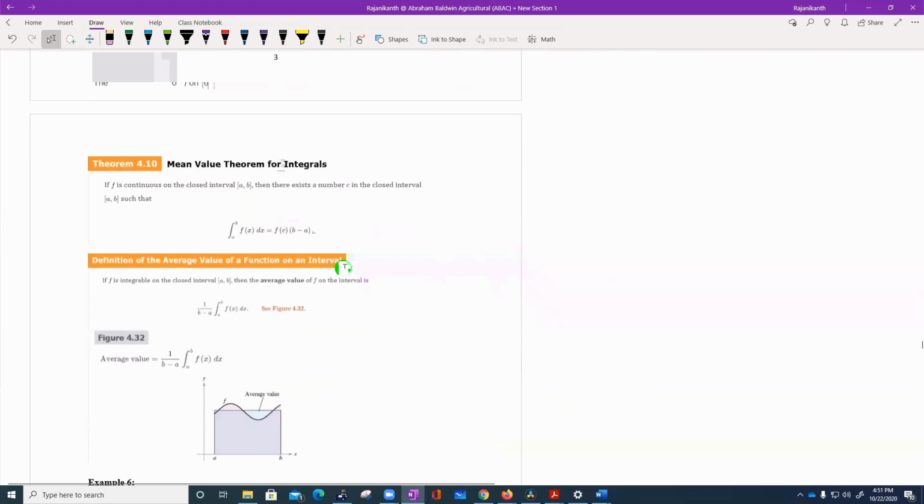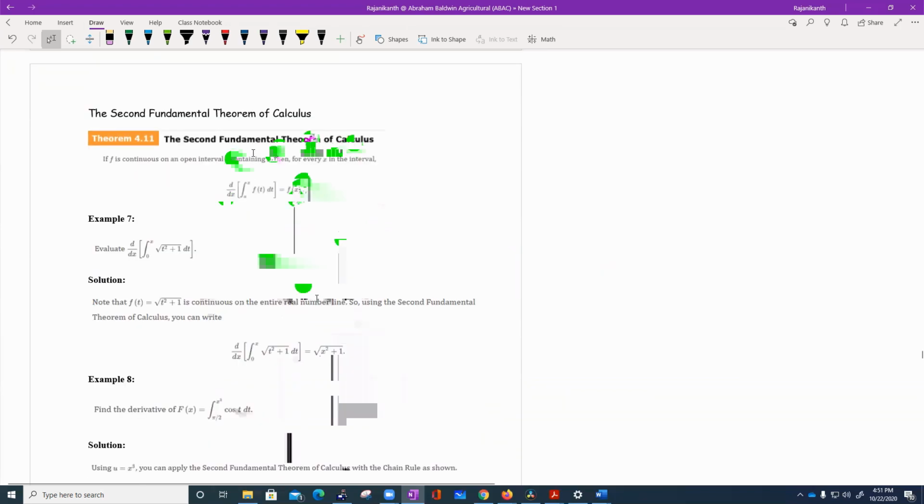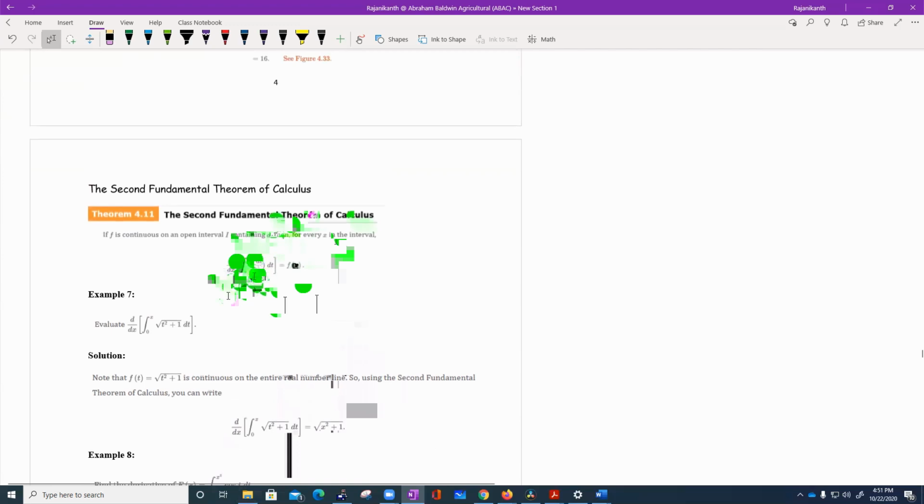So the fundamental theorem of calculus, the second version, is nothing but, remember I explained this earlier, the antiderivative of f(t) evaluated from a to x, right? Remember, a is a constant here, x is a variable you could think of. That means this antiderivative answer after evaluating the bounds will be a function in terms of x, right?